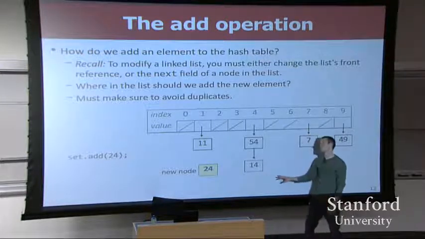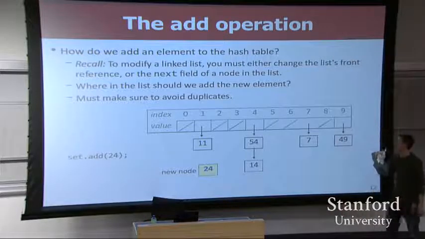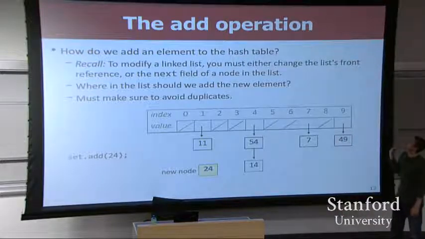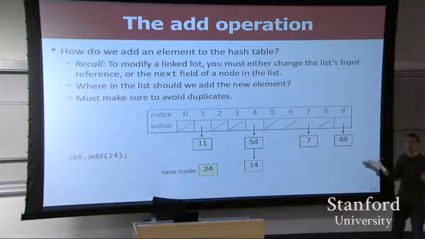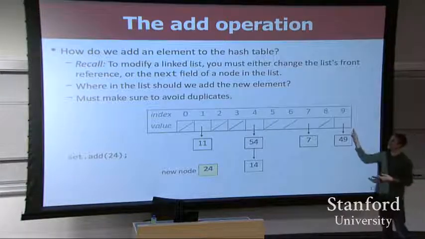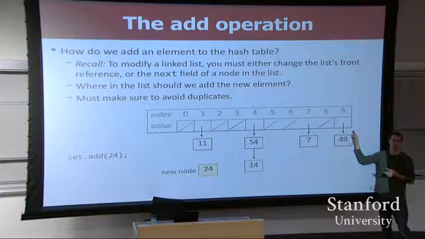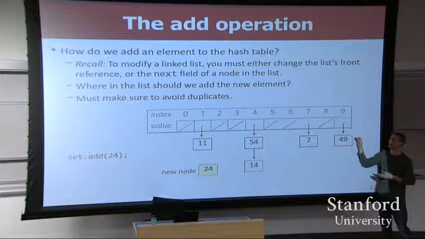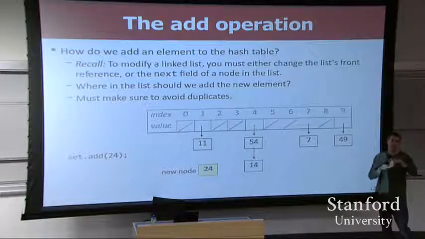Uh-oh. Well, so I guess what I would say is if your data is distributed nicely, that probably wouldn't happen, I hope. And maybe what you could do is instead of picking a hash table of size 10, which is easier to understand on a slide when I'm explaining it to you, maybe you could pick a hash table of size like 137, where A, it's a little bigger, and B, the wrapping of that is weird.